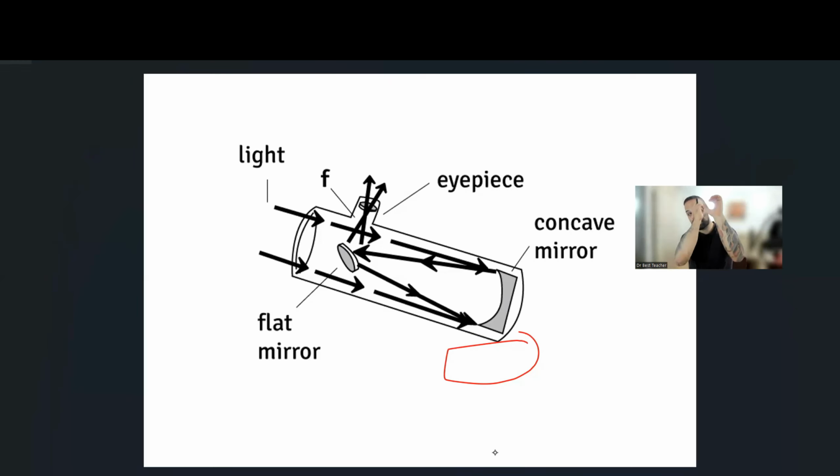With a reflecting telescope, we observe from the side, so we don't look at it from right at the end. The telescope is pointing whichever way and then looks over there and sees what's going on.